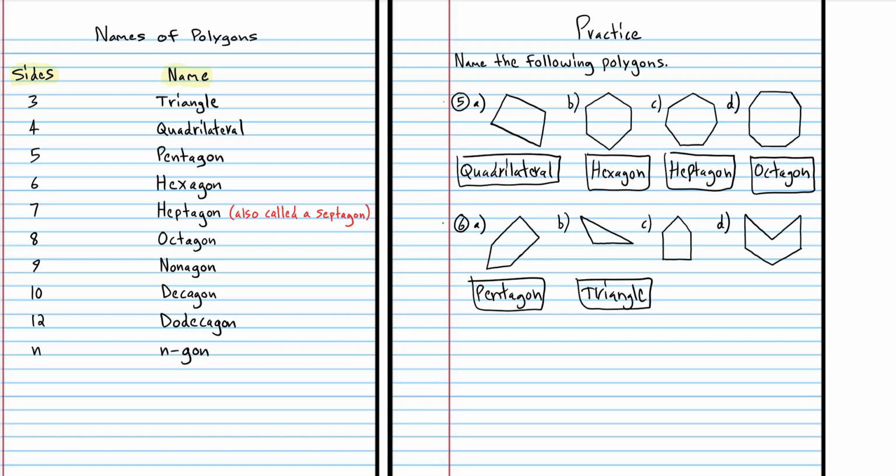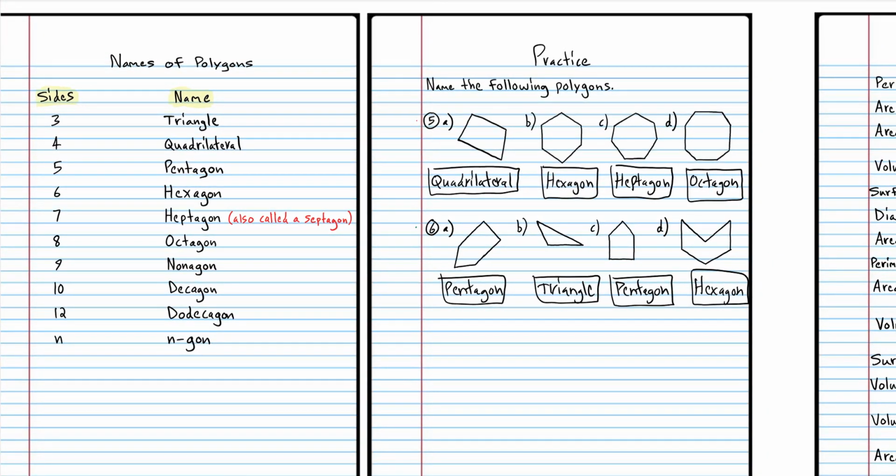The next polygon has 1, 2, 3, 4, 5 sides, so that would be called a pentagon also. And the next polygon has 1, 2, 3, 4, 5, 6 sides, so that's going to be called a hexagon. And there you go. So if you got those answers, good.